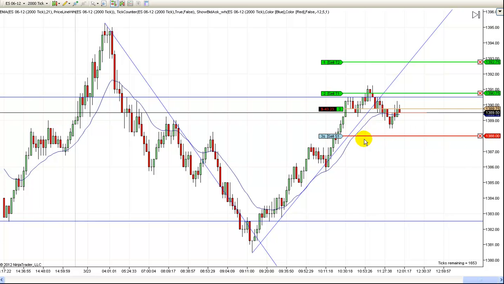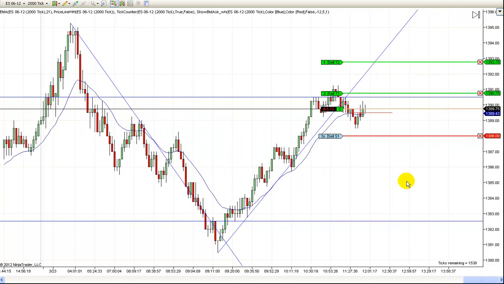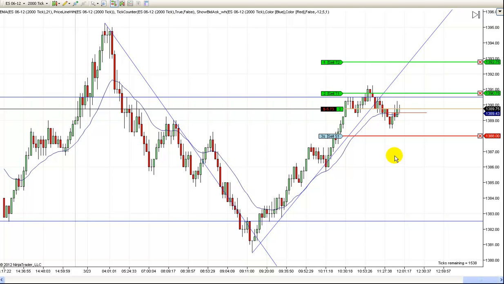We may get a second leg down to come back to test this area right here. But I'm still thinking we should get a retest of this high. But anytime prices start to congest like this, that's not always a good sign.